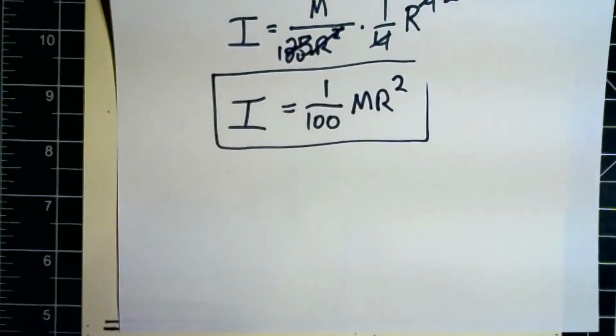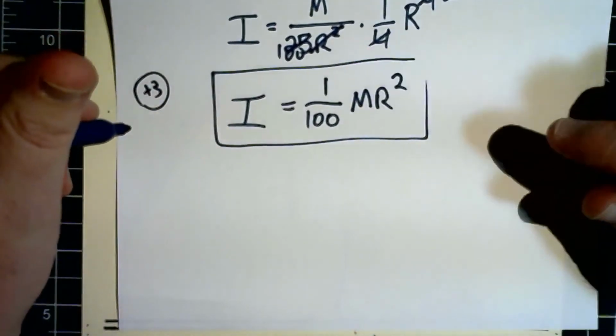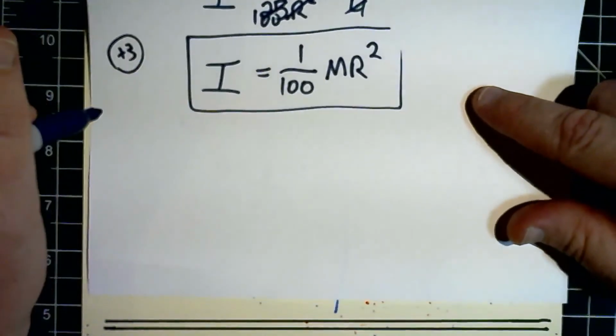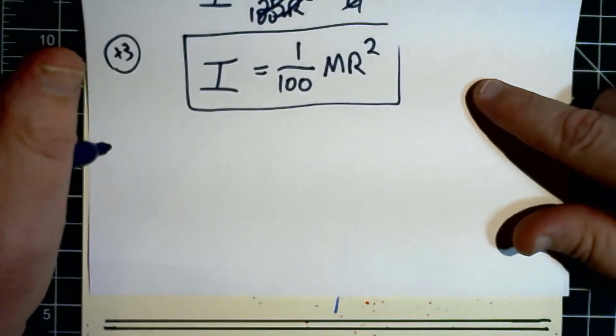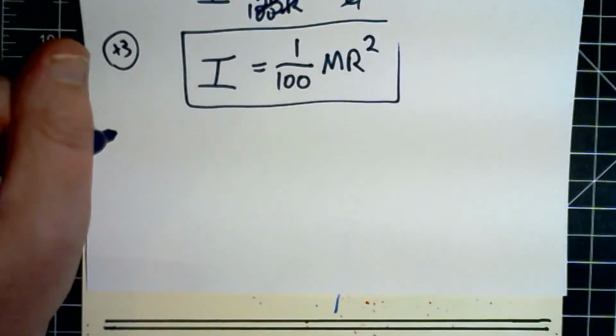All right, and that was worth plus 3 points on the original test. It wouldn't necessarily apply here, but that's how much that part was worth. Now the second part says derive an expression for the rotational inertia of the modified disk. In other words, the disk after the narrow wedge is cut out.